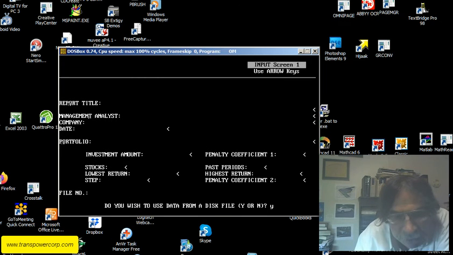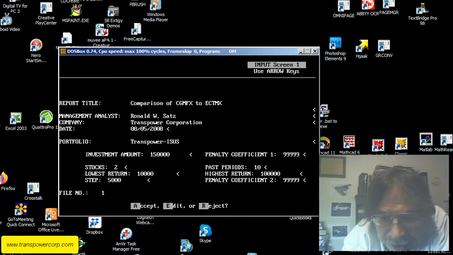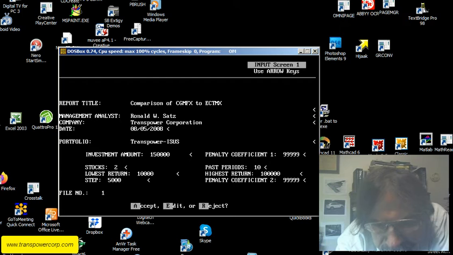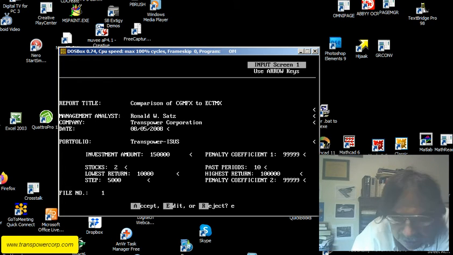And we're going to choose file 1 here. I ran this one in 2000. So this is a comparison of two stocks, CGMFX and ECTMX. So let's hit E to edit.